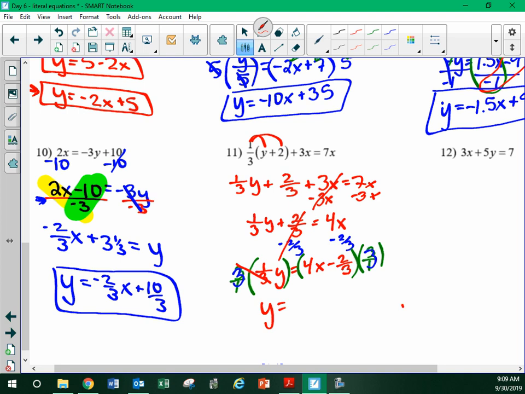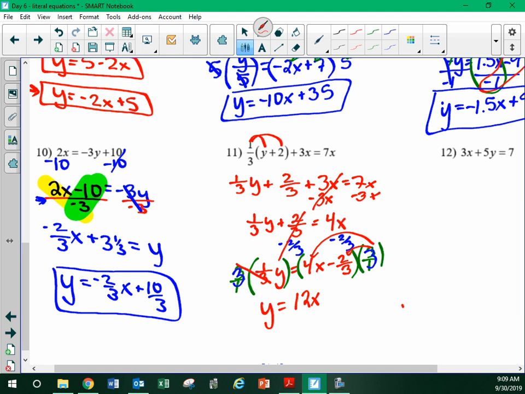And we're going to have to distribute here. What is 3 times 4x? It's 3 times 4. 12. Very good, Andrew. Andrew's the mental math over here. Alright, and then 3 times negative 2/3. And it's good if you need to use your calculator for this. What's 3 times negative 2/3?